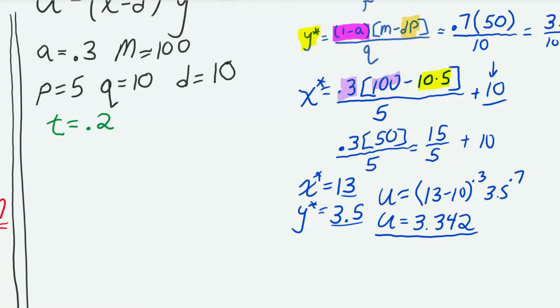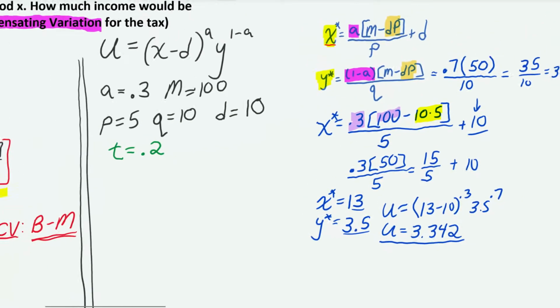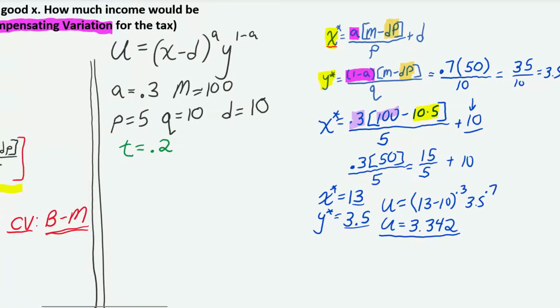Now what's going to happen after we have the tax come in? Well, the price, instead of being $5, the price is now going to be 5 times 1 plus the tax rate, 0.2. And 5 times 1.2, the price including the tax, we could call that P star, is going to be $6 or 6 euros.